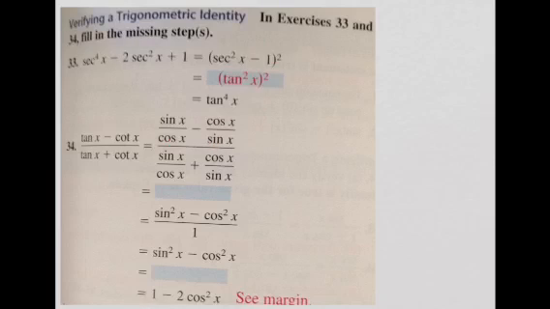And again, by comparing this step and this step, you notice that the denominator became 1 and the numerator is sine x squared minus cosine x squared. So the only way of doing that is if they combine the fractions together.